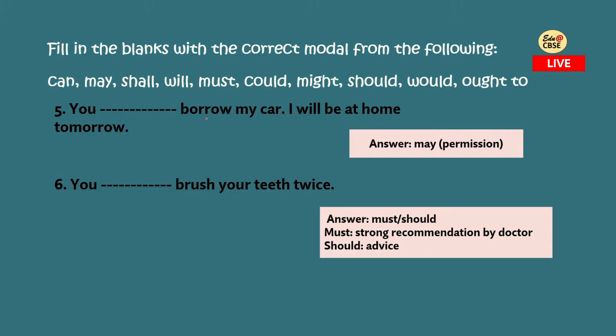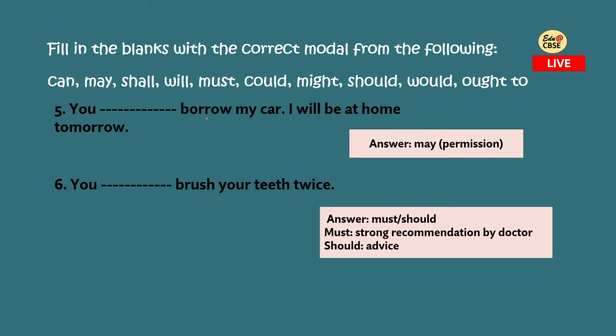So in case a doctor is telling this, then it becomes something very, very important. If just the parents are advising the child, you should brush your teeth twice. So must will be strong recommendation, maybe by the doctor, and should will be just an advice. So both are correct in this case.